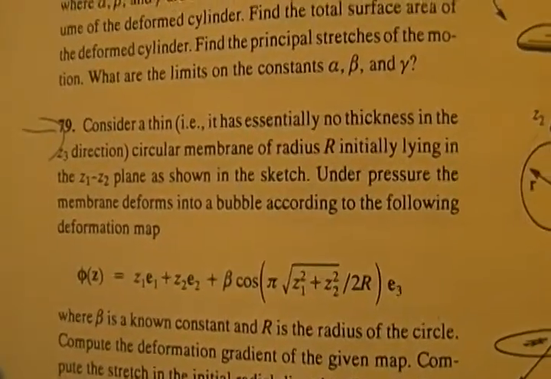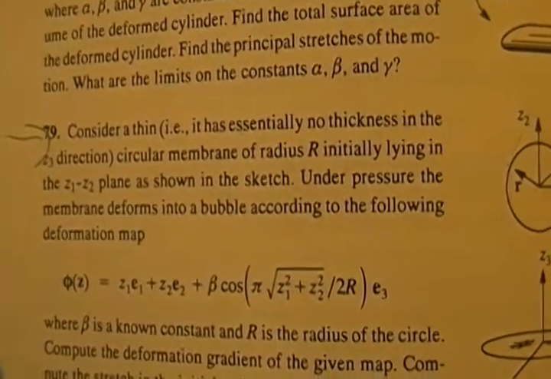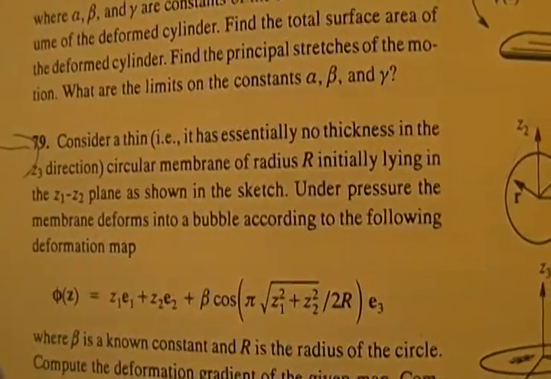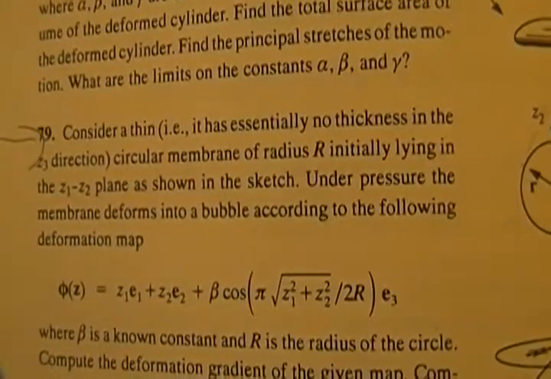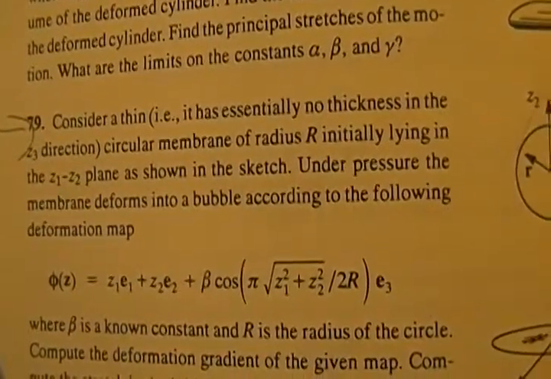Consider a thin, i.e. it has essentially no thickness in the Z3 direction, circular membrane of radius r initially lying in the Z1, Z2 plane as shown in the sketch.